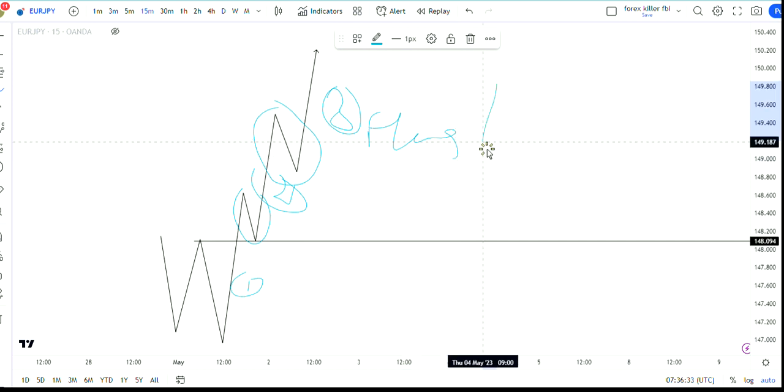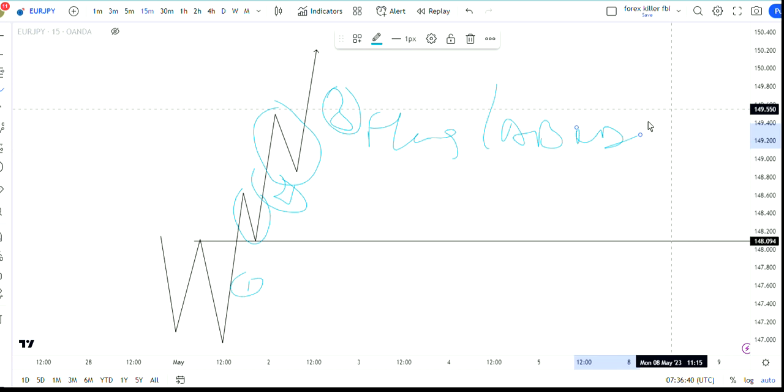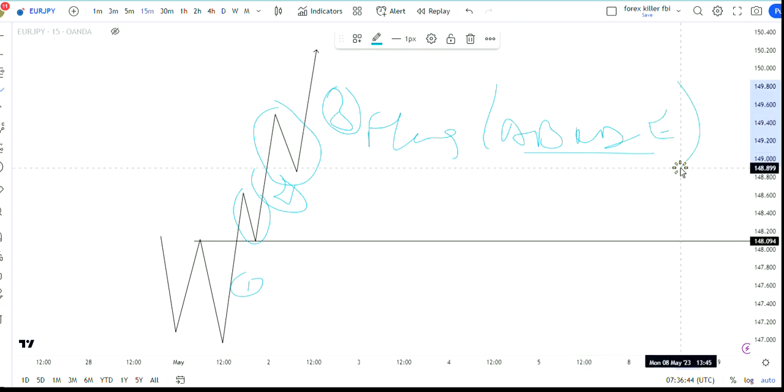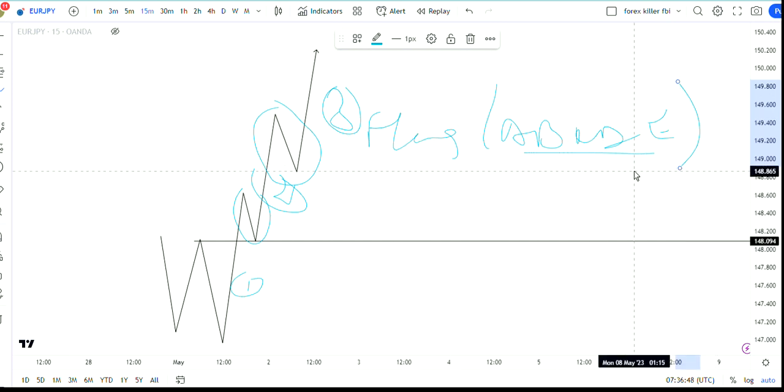Inside a zigzag we have an A B C D E structure. Alright, but the flag also has an A B C D E structure.